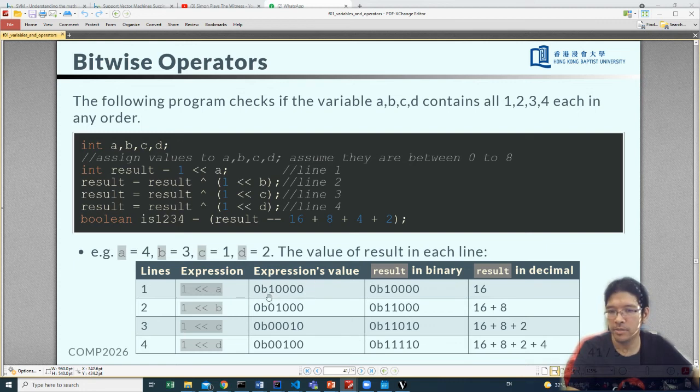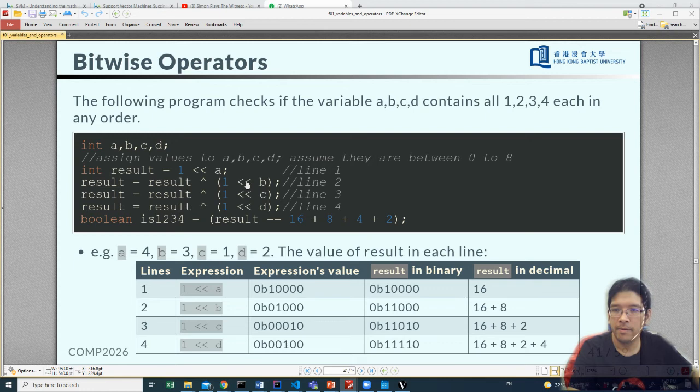This is the expression, so shifted by 4. Originally we have 1, and then shift it 4 to your left. That will become 1 0 0 0 0, which means append 4 zeros after the 1. So this has the value of 16 in the result.